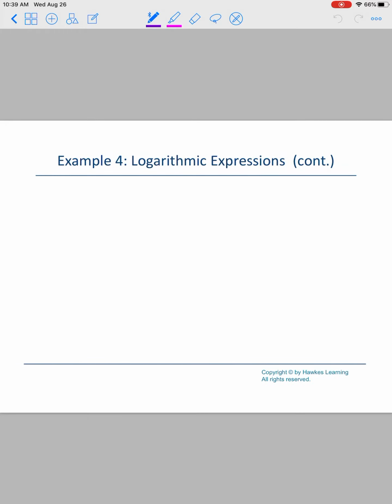Okay, C. Log base pi of the square root of pi. What does that equal? x. Okay, we're going to rewrite it as an exponent. My base pi raised to the x power equals the square root of pi.